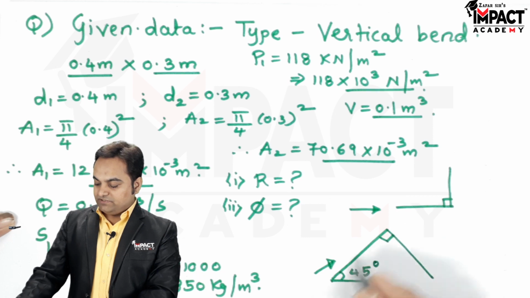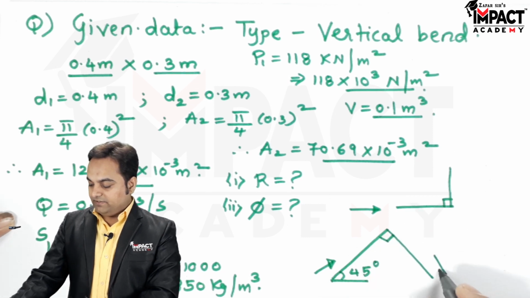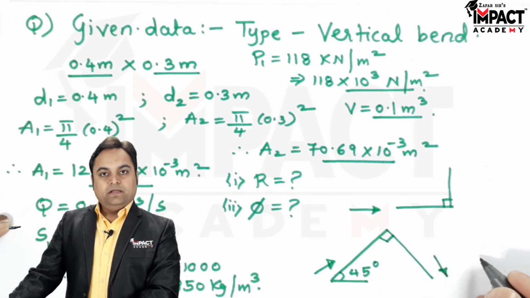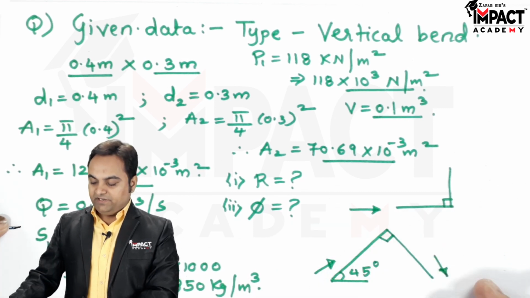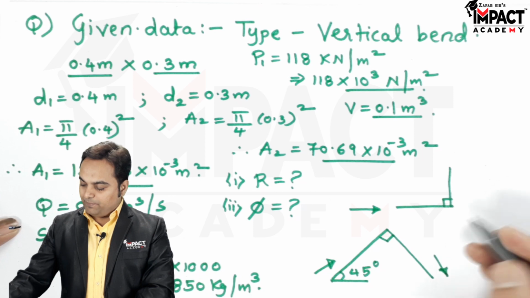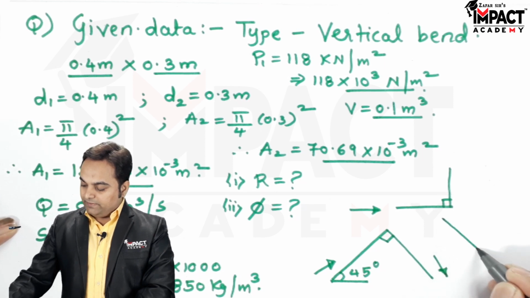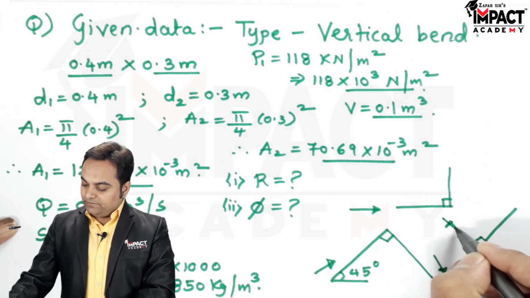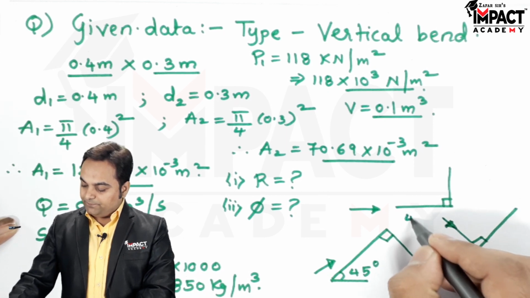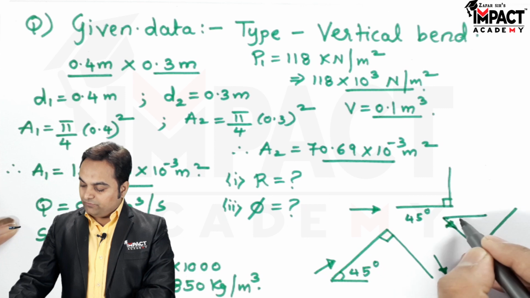So that can be shown as the inlet, and here I can get the exit. And the orientation can also be in such a way, since the water is entering at 45 degree, we can also have a pipe bend in this way, that it is entering at 45 degree to the horizontal.